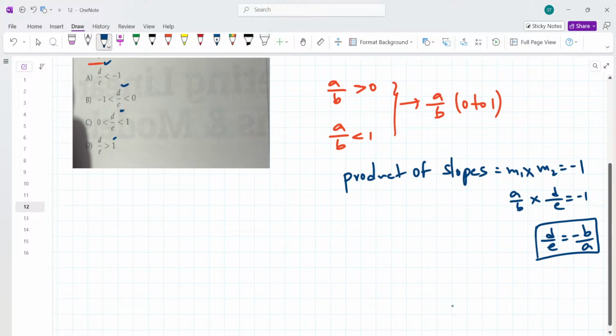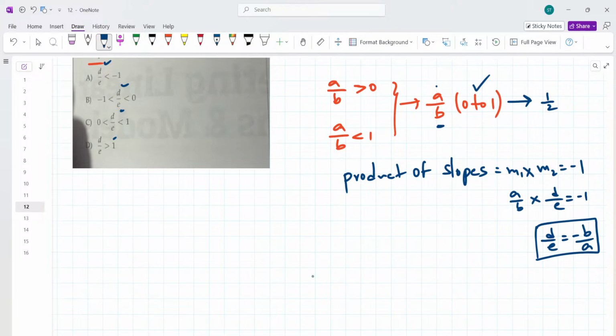What I am doing is, they mentioned clearly the A by B value is between 0 and 1. We don't know what that A by B value is. I am considering it as, let's say, half. This 1 by 2 is in between this range only. I'm just assuming like that.